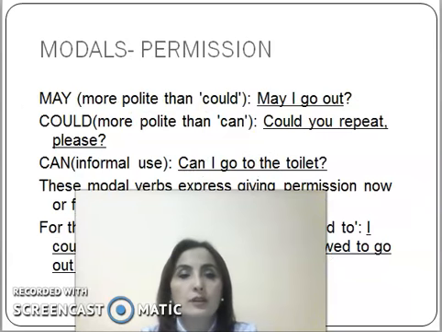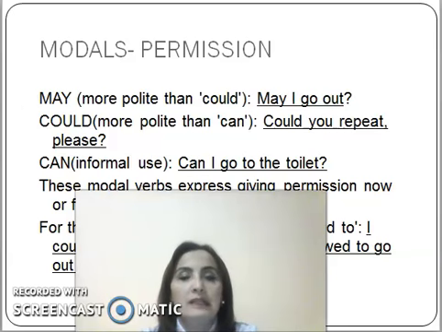Modals of permission. "May", the first one, is more polite than "could". May I go out, for example. Or "could", the second one, is more polite than "can". "Could" and "can" are also used to express permission. Could you repeat please? Both "could" and "can" are used, only "could" is more polite than "can" in this meaning.